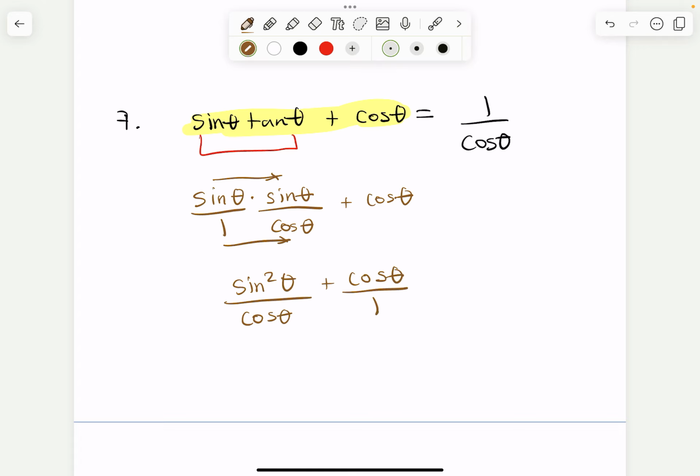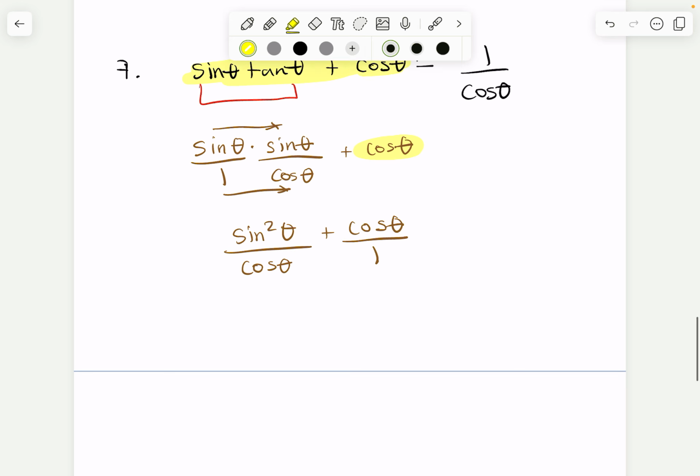So what you need to think about in this moment is we are adding 2 fractions. I know the cosine on the right side did not have a number under it, and the cosine I'm referring to, everybody, is this right here. Even though it doesn't appear to be a fraction, do you see how I put it over 1? And now we have a fraction. So what we want to do is make it the same denominator. So I'm going to multiply this fraction by cosine of theta.